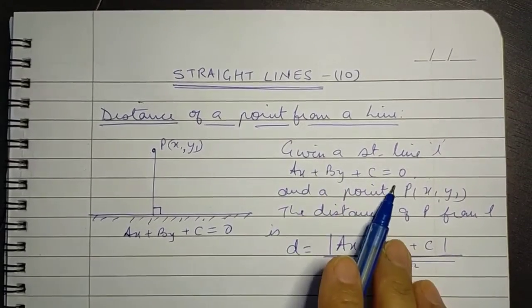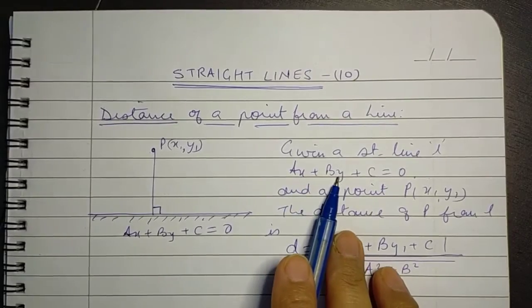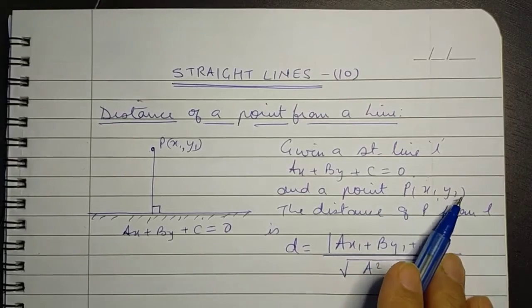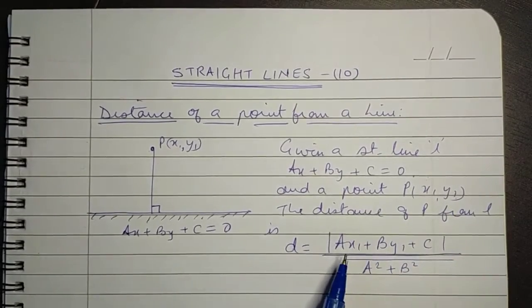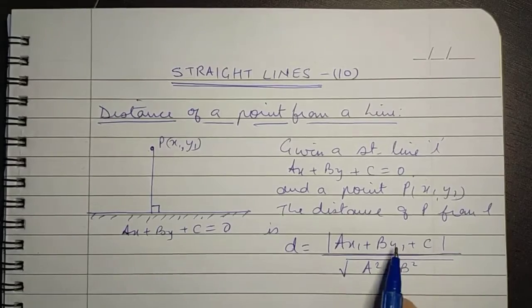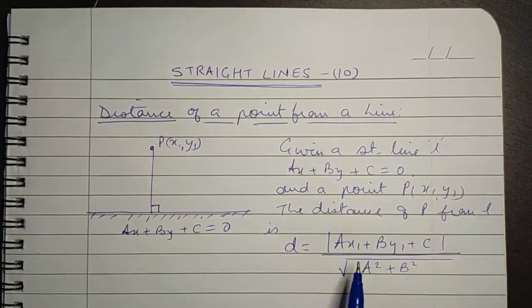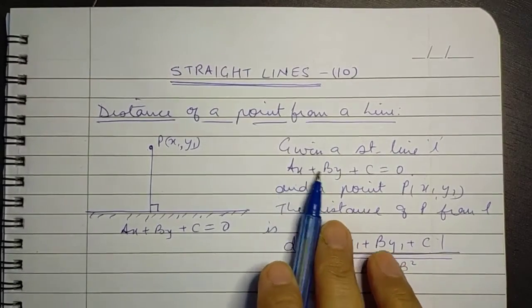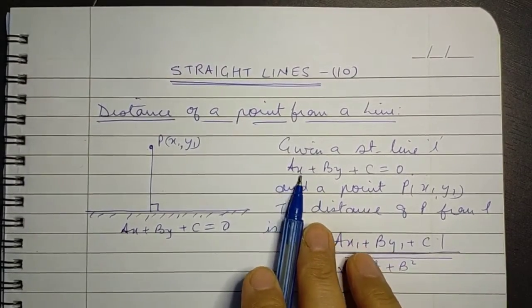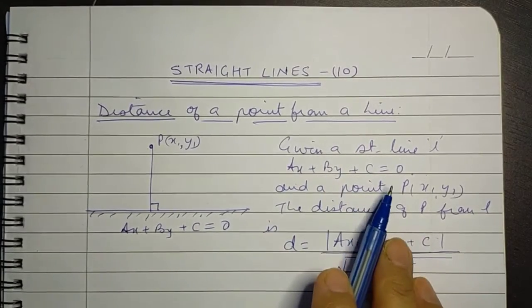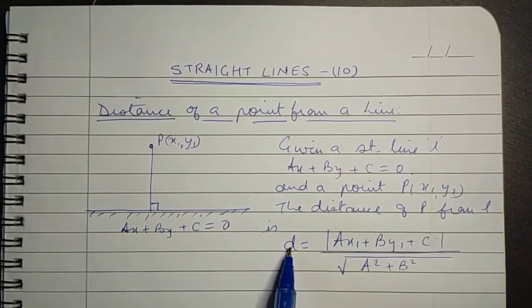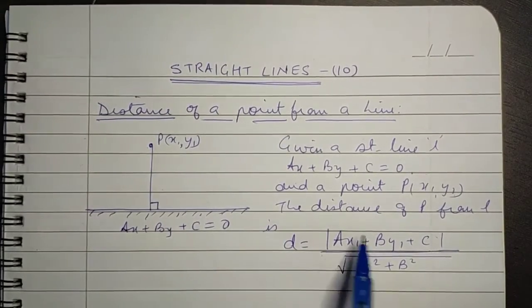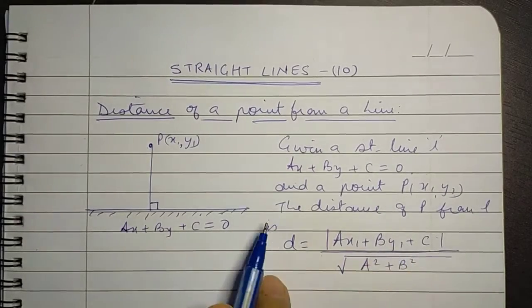Then in this given equation we replace x and y with the coordinates of the point which is given to us, that is (x1, y1), and divide the number obtained by the square root of a squared + b squared, that is the sum of the squares of the coefficients of x and y in the given equation. Again, since the distance can never be negative, we take the modulus to make it positive. So this is one result.